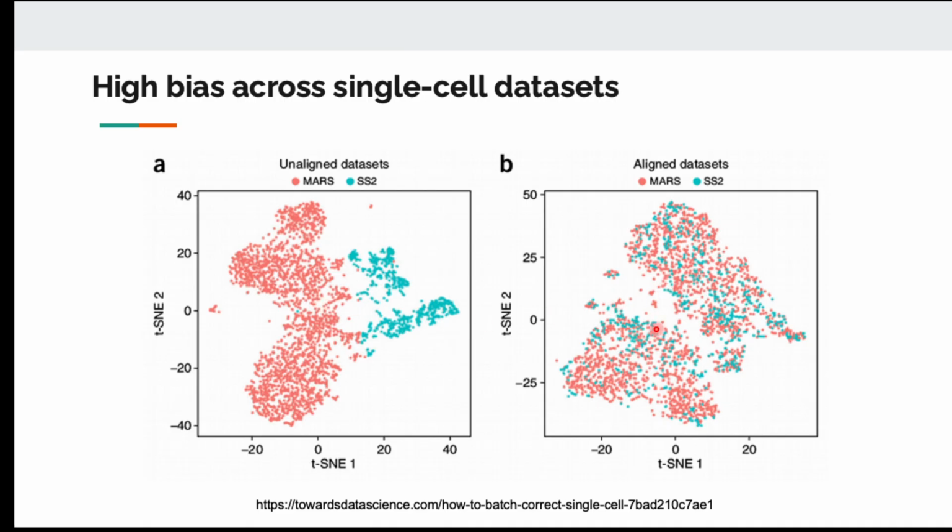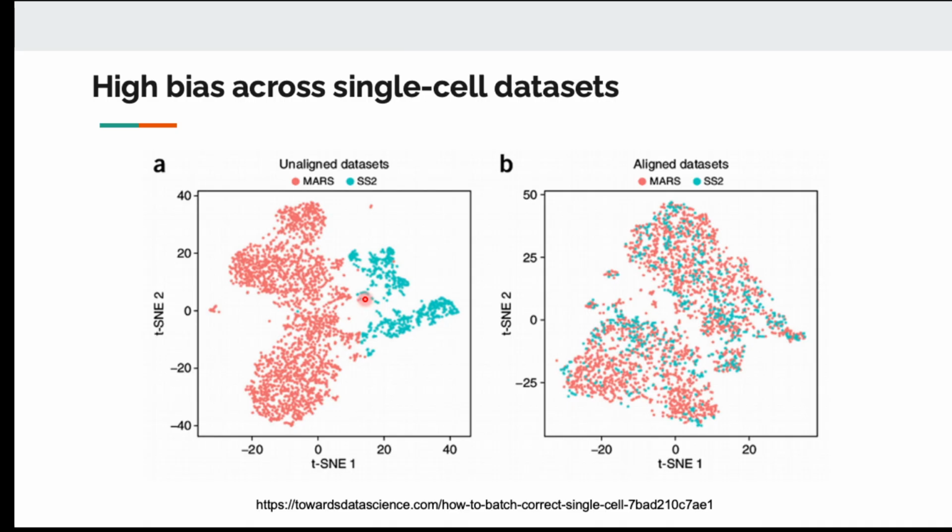What we want to see is this: the actual structure of the data, where there might be two cell types, and for each cell type we see those cells in both replicates. This is what we want. But if we don't do anything to the data, the left-hand side is what you get. So we need to do something about it.